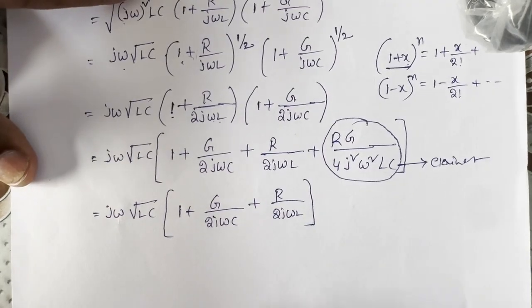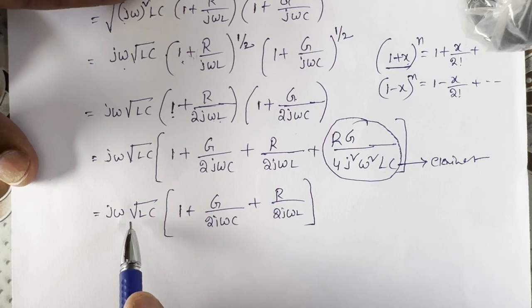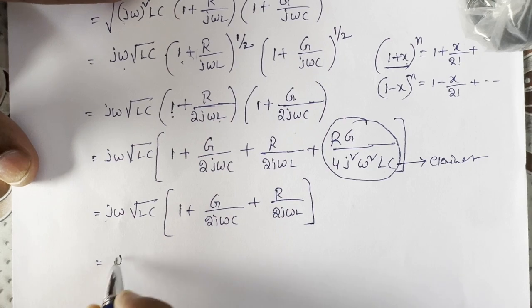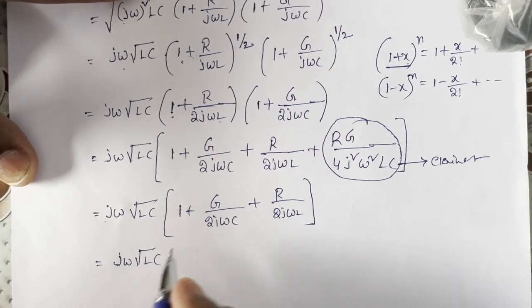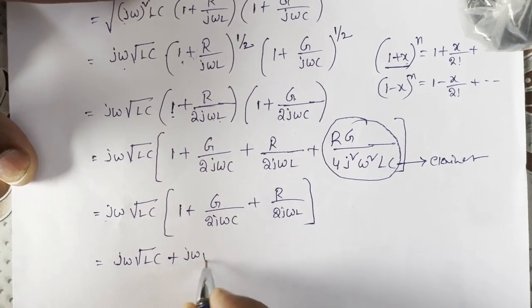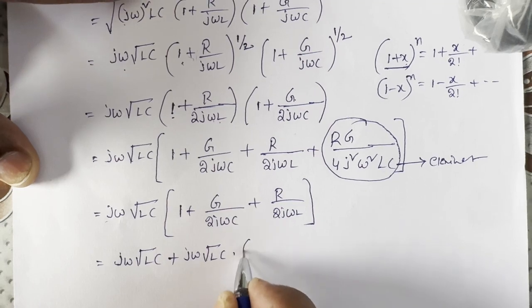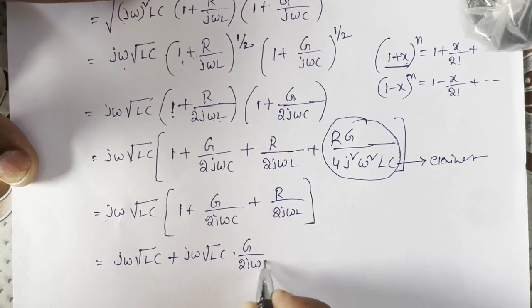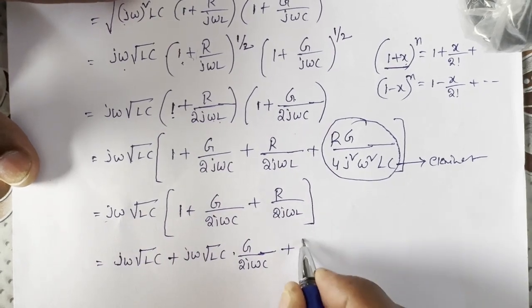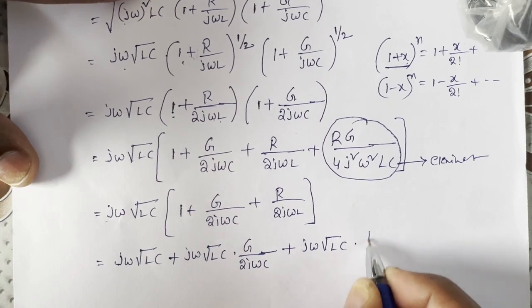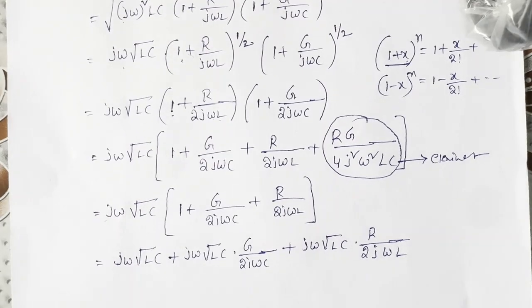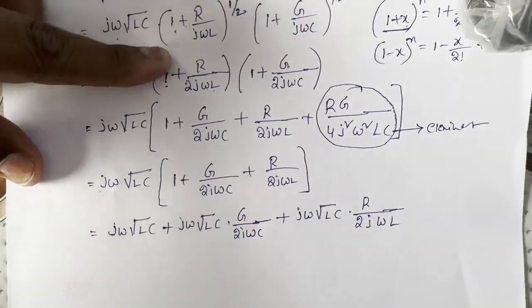Now I am multiplying internally. This term is multiplied internally. j omega root LC into 1, j omega root LC plus j omega root LC into G by 2j omega C, plus j omega root LC into R by 2j omega L. These are the terms. Now I am cancelling some terms here.